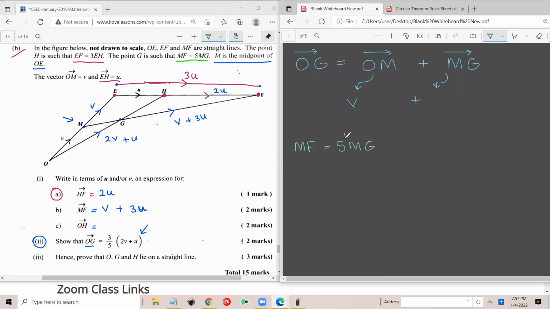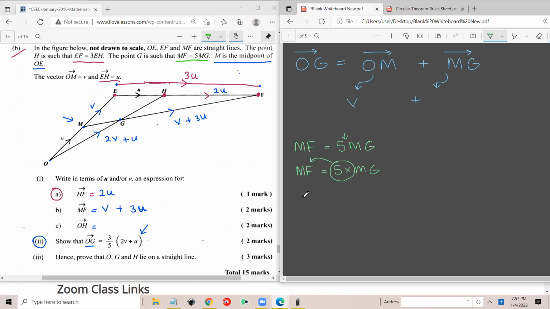There's a secret multiply here. So that means the examiner is really saying MF is equal to 5 multiplied by MG, which means we could transpose to find MG. Here's a multiply. Throw across the multiply, we get a divide.